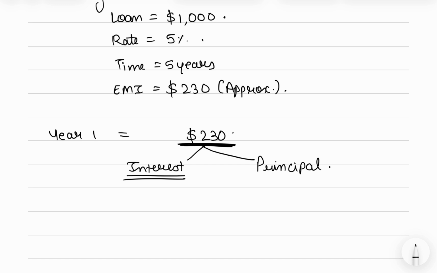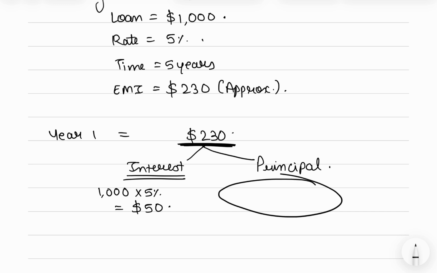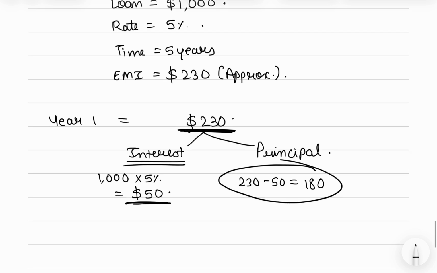So the first year the interest would be 1,000 into 5%, that is $50, right? So what would be the principal then? Principal would be the balancing figure, that is 230 minus 50, that comes out to 180, right?